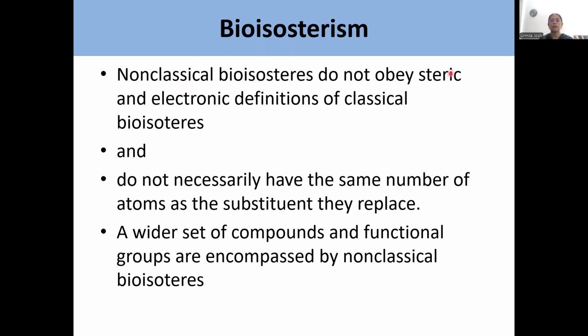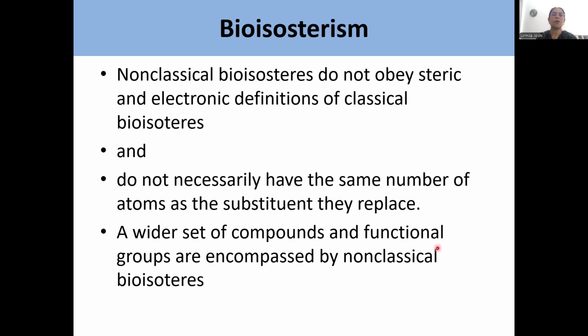Non-classical bioisosteres do not obey steric and electronic definitions of classical bioisosteres. They also do not necessarily have the same number of atoms as the substituent they replace. A wider set of compounds and functional groups are encompassed by non-classical bioisosteres.